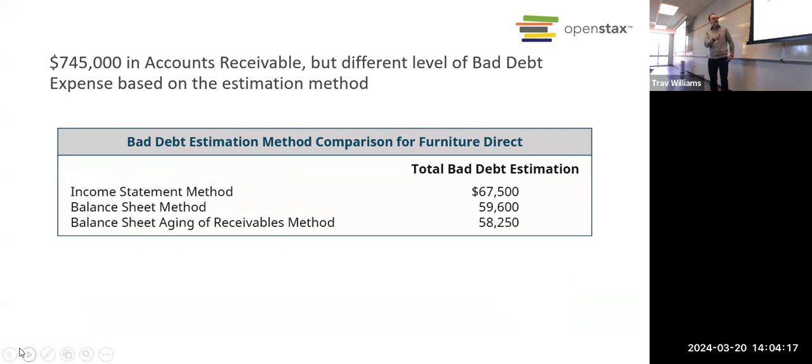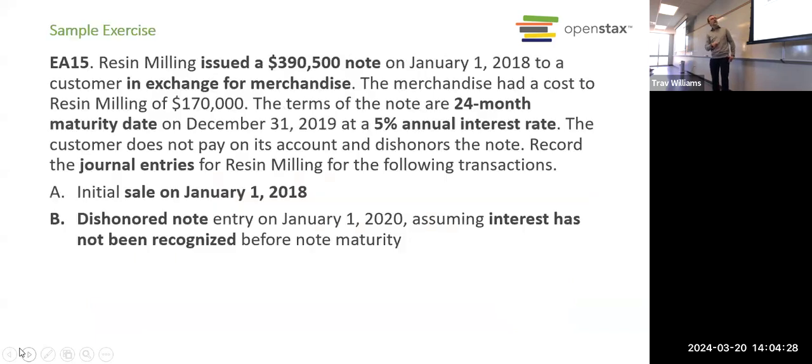In this case, the aging method gave us the lowest, and the income statement method gave us the highest bad debt, right? That's just the way this example came out. We haven't done exercise 15 yet, but I think we got up to 13, so we're almost at 15 anyways.